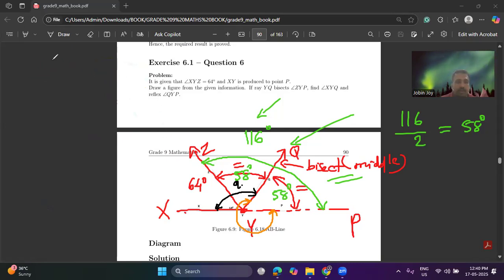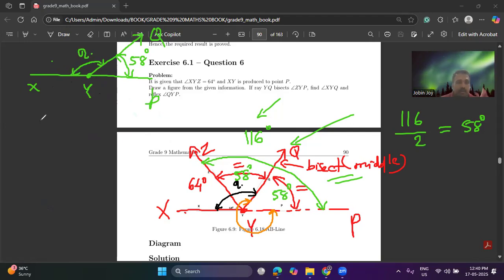So I'm taking the line again, X, Y, P. So this is the ray Q. We know that this angle is 58 degrees. The question is calculate XYQ. XYQ means this angle.